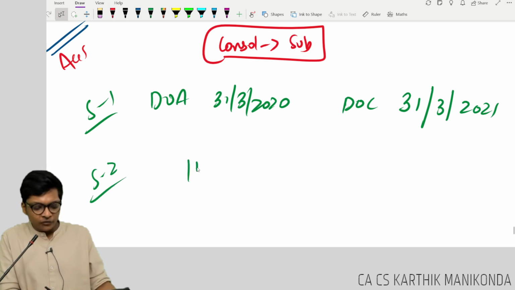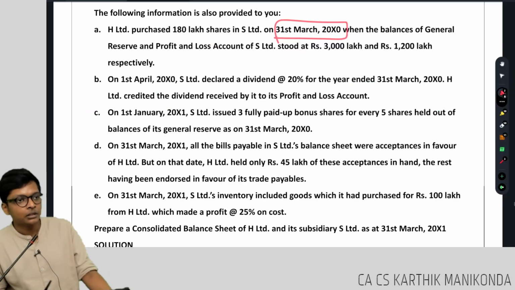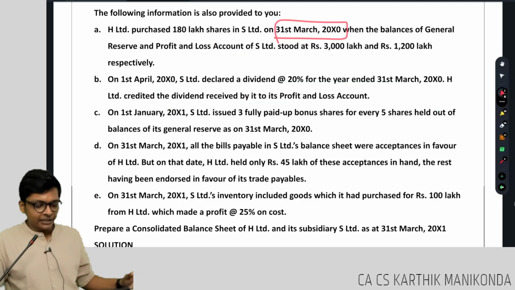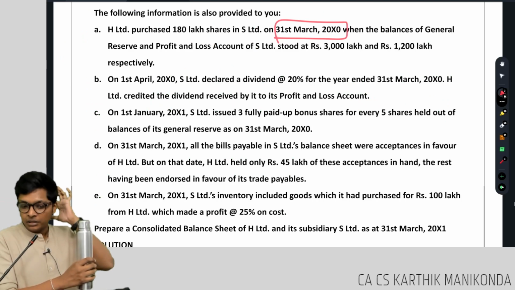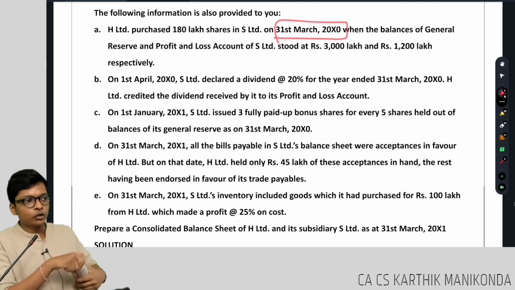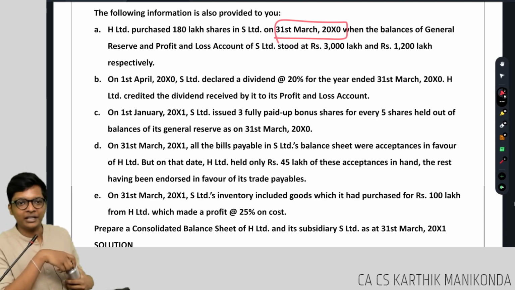Step 2, can you find out holding and minority interest share, guys? Can you try and find out? I'll give you a minute's time. Question everybody has. Please try and find that out. We will go step by step. Wherever I have to support, I will support you.